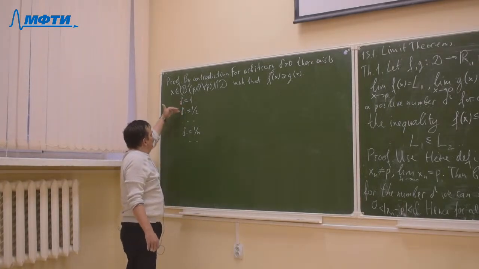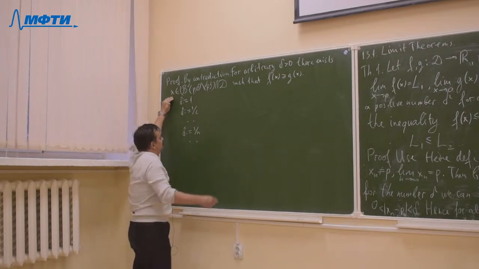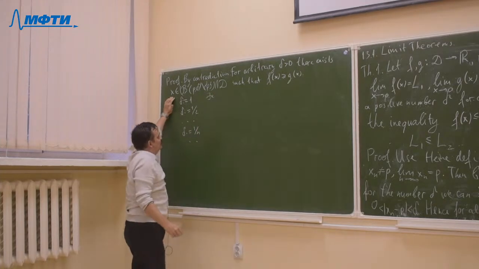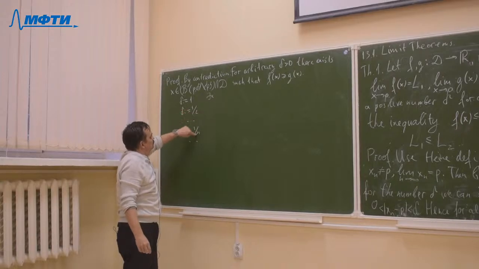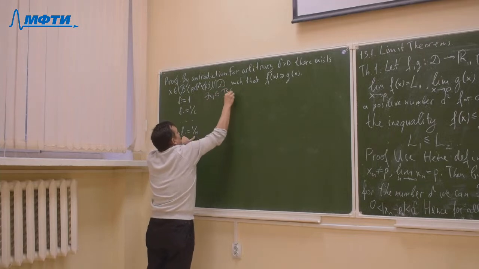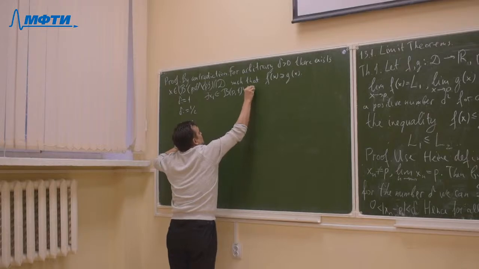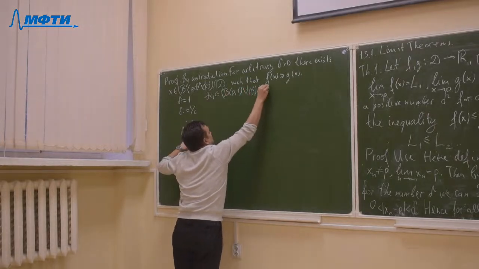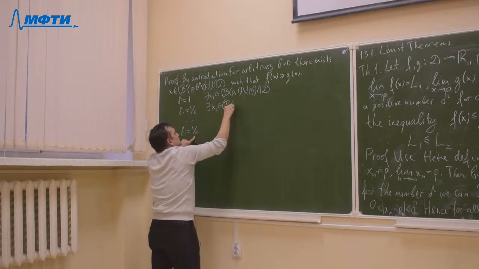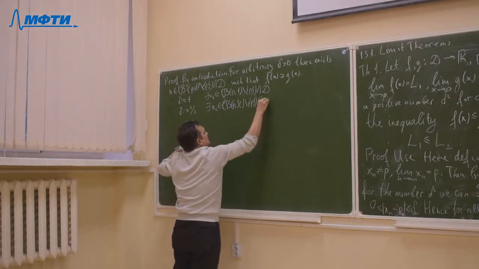And for each choice, we can find x, and this x we will enumerate using the denominator. So x1 in B of p, 1 minus p, intersected with D. Here there exists x2 in B of p, 1 over 2, and so on.